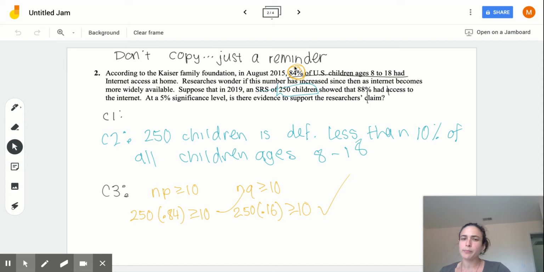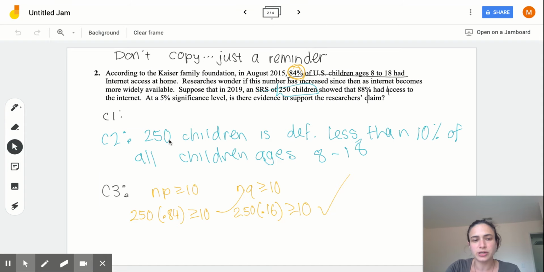Remember, p is about the whole population, whereas p hat is about the sample. So this number here would be p hat because it's about the 250 children, whereas this number here is about the whole population, 84. So I did 1 minus p to get q. That's where I got the 0.16. You would actually want to multiply these out and check that it works. I didn't actually do that, but you should.